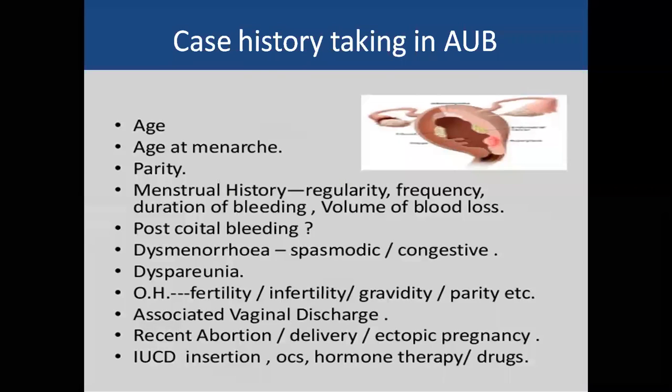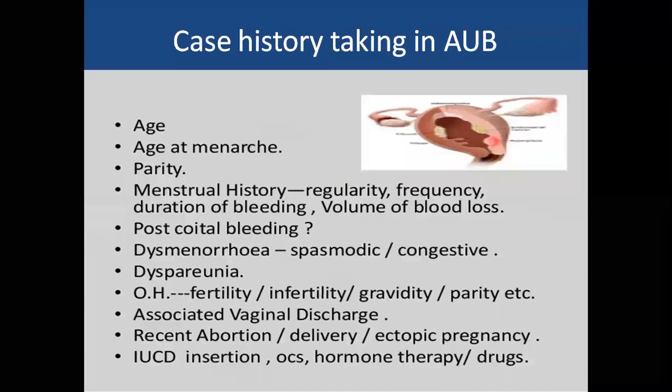Then in the reproductive age group, the causes are mainly polyps, fibroids, adenomyosis, PID, endometritis. The etiology differs. In the perimenopausal age group, we have to do D&C to exclude malignancy, because endometrial pathology evaluation is mandatory.